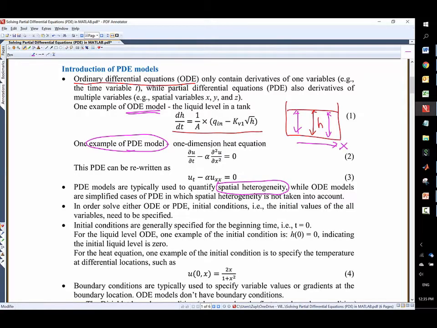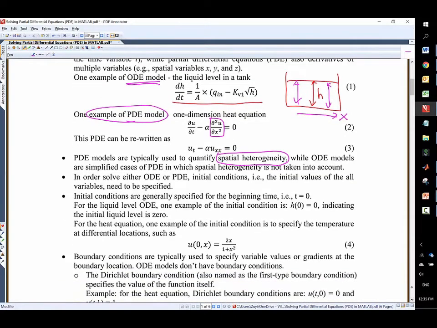So different from ODE, in PDE we actually consider the spatial heterogeneity. For example, we have the derivatives over the space variable X. For the ODE, we only have the derivative over time, so dy/dt. We don't have the partial derivative of y over x. So this is ODE.